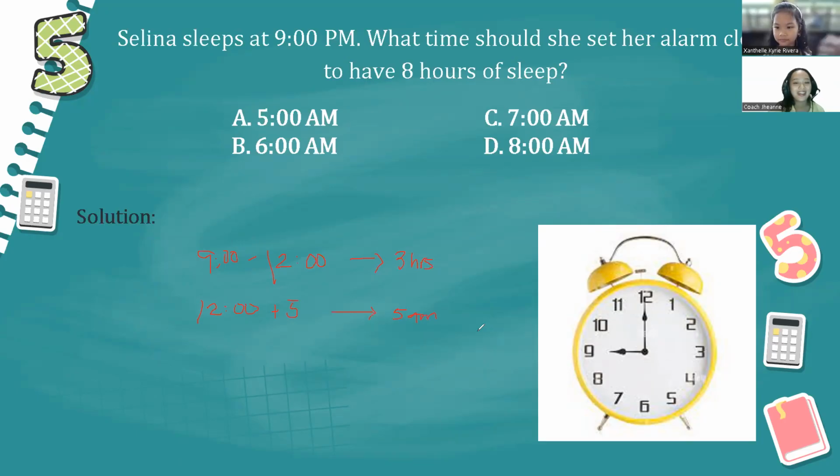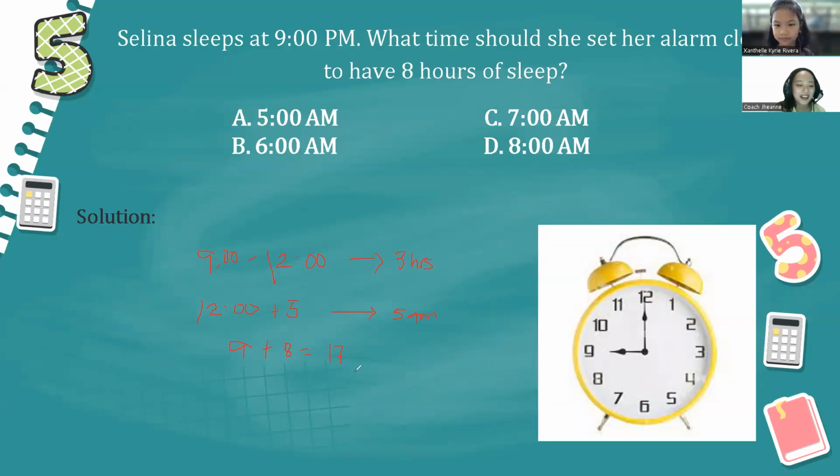Okay, another way of solving this one is add 9 p.m. plus 8 hours. She needed 8 hours of sleep. So 9 plus 8 is equal to 17. But the clock only has 12 numbers. Am I correct? Do you agree? Okay.